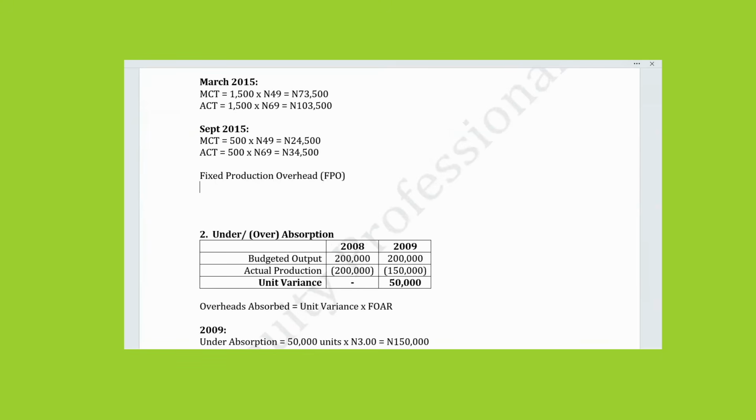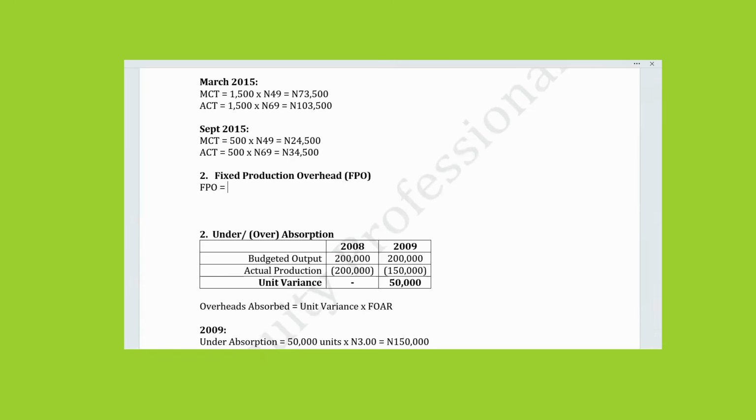So, according to the question, we are given it as 16,000 units per annum. So we need to divide that into 2 because we calculate for March and also for September. This is working number 2. So I will then come here.